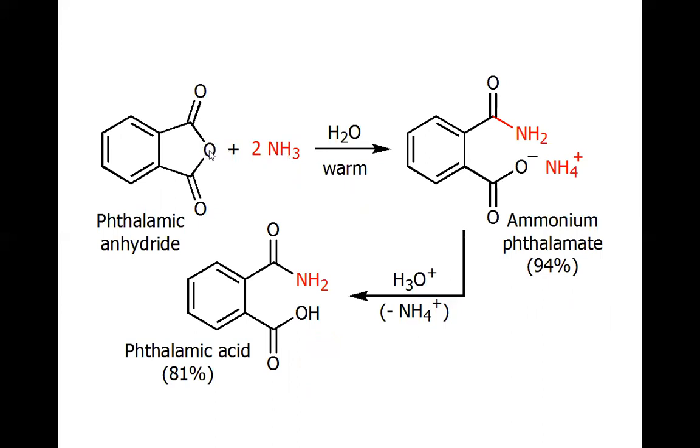So overall we have the replacement of central oxygen with these, and we have the replacement of this O with the N, and we have the breakage of this bond, which upon workup will give us this compound which is called phthalamic acid. So this is the synthesis of the amide from the anhydride as we discussed.